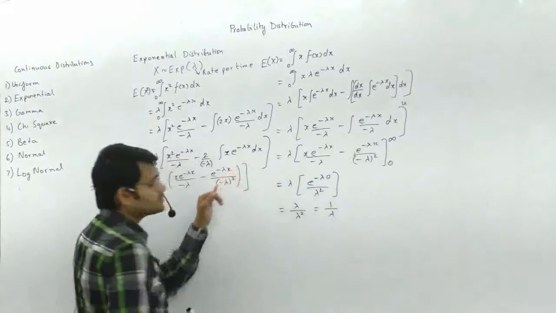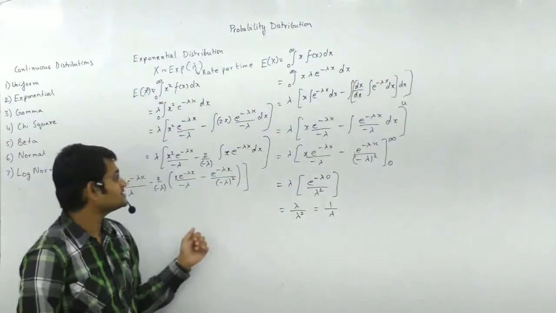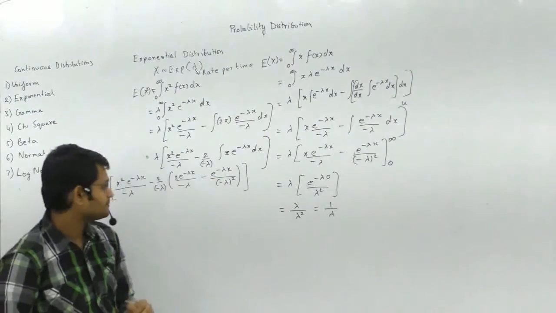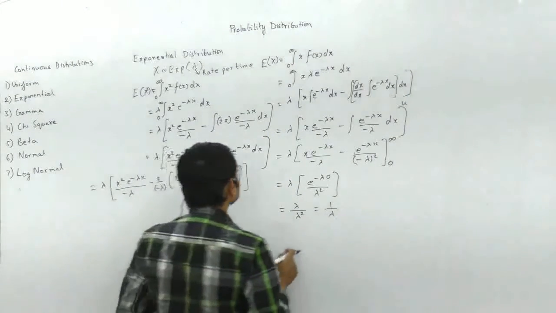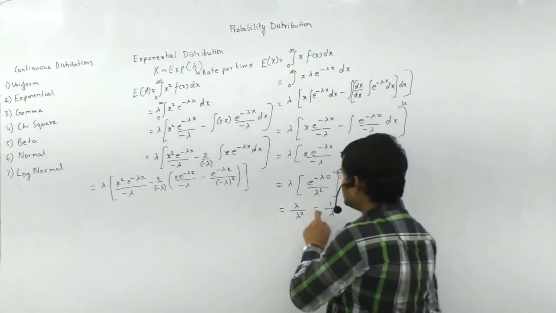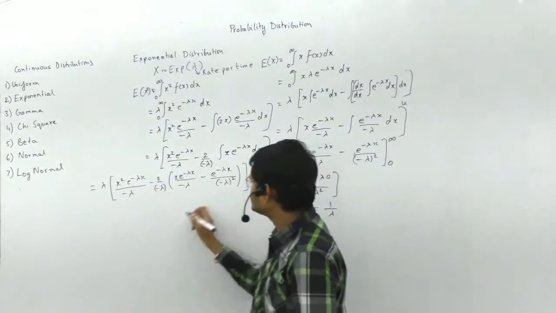I've used this particular term directly from here. You can only use that in examination if you have found that in that same particular sum. Usually whenever you are finding E of x square, you have already found E of x. So therefore it becomes easier.